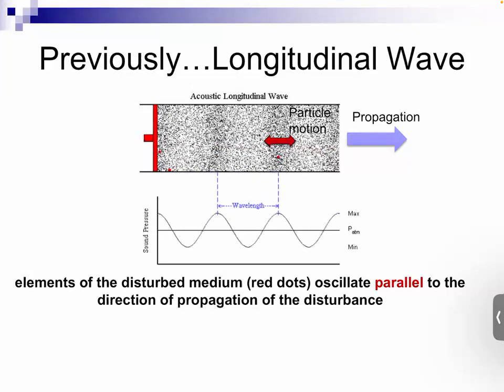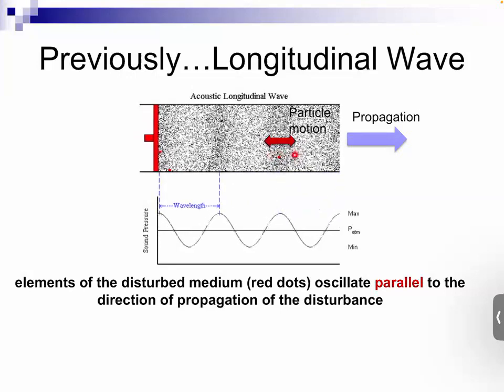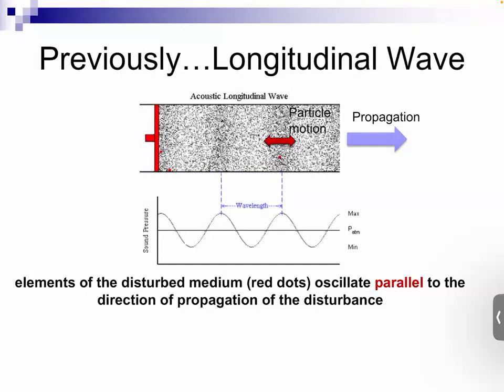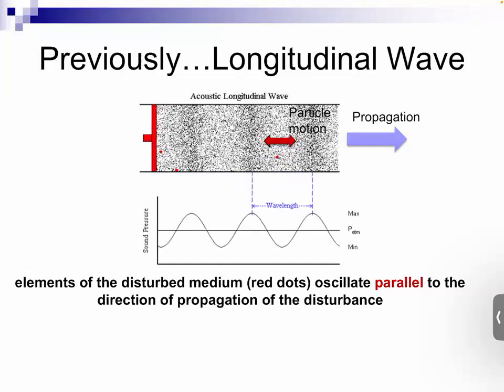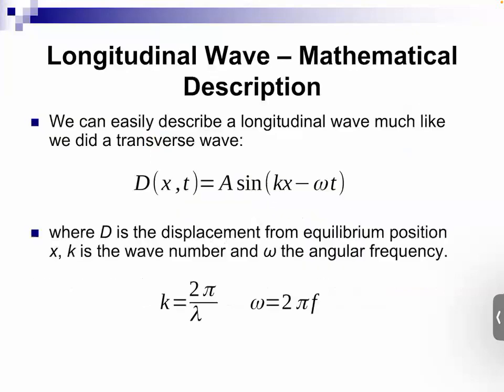So that's the main difference between a transverse wave and the longitudinal wave. It's the direction of oscillation of the disturbed particle relative to the propagation of the wave. So sound is an example of a longitudinal wave. You can mathematically describe the longitudinal wave in the same way that you describe transverse waves.